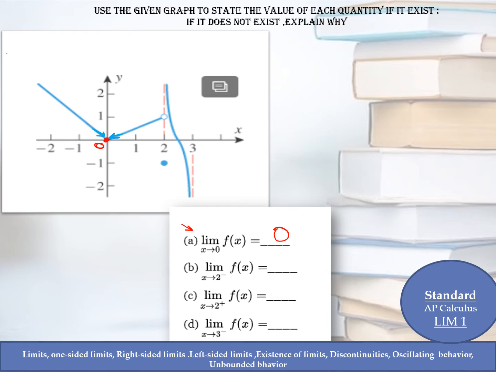Now the next thing is limit x approaches 2 from the left hand side. Now look at the 2. Where is the 2? This is the 2. Left hand side line you will read. Okay, so forget everything, just read this point.